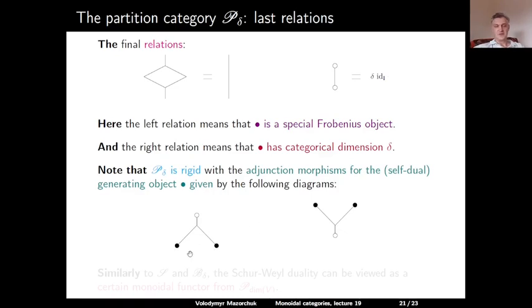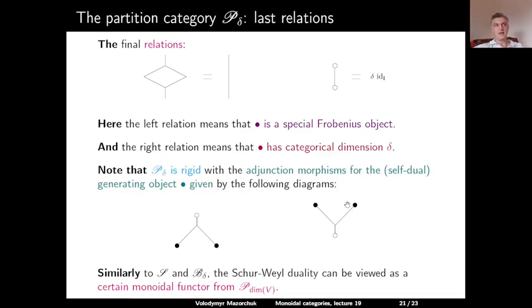So if we start from two bullets, we can merge and then annihilate, and this gives us a morphism from two bullets to the identity. And starting from the identity, we can create and then split. This gives us a morphism from the identity to two bullets. And because of our previous relations, it's very easy to see that these satisfy the adjunction identities.